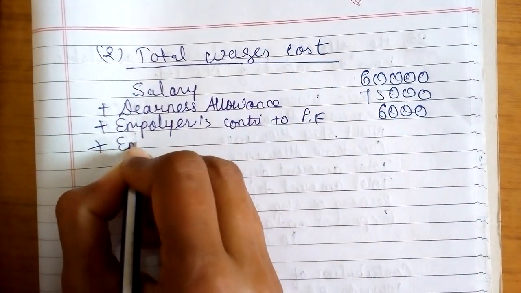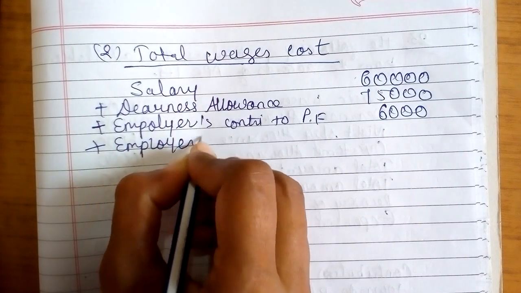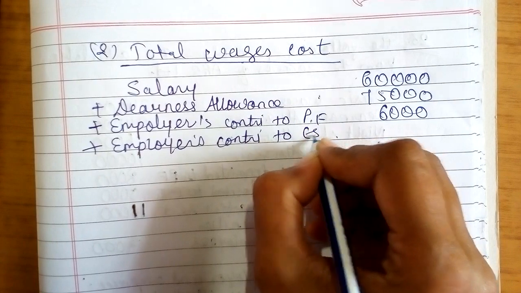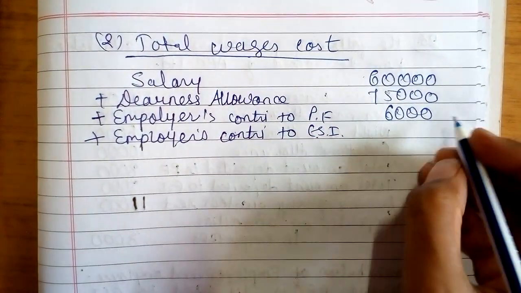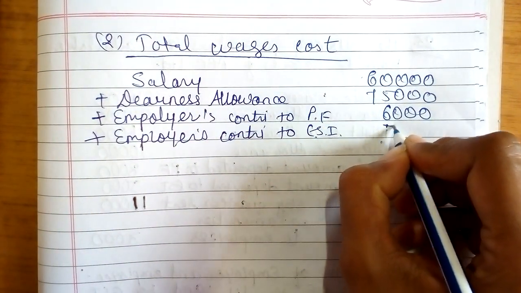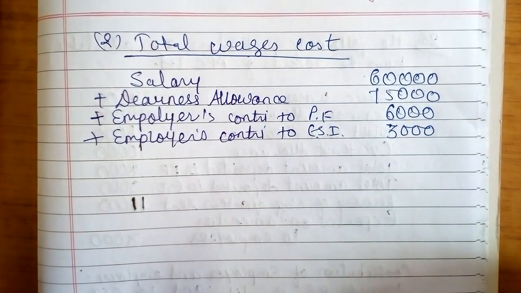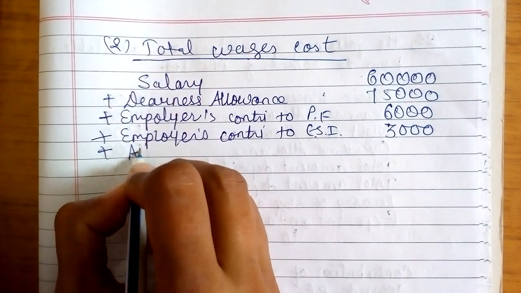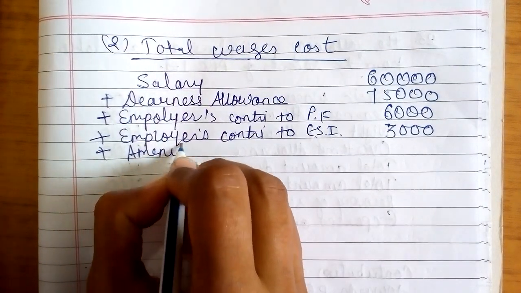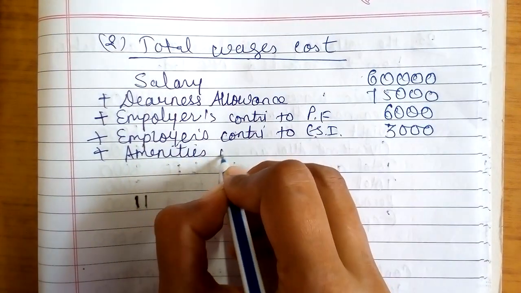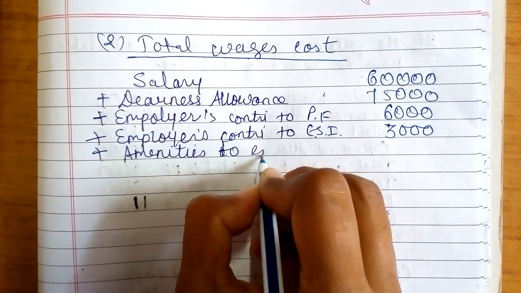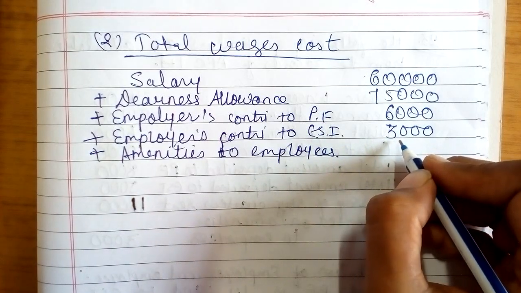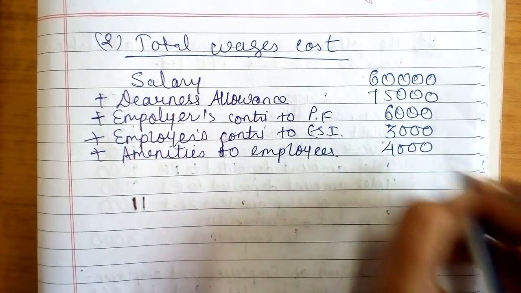Then employer will again contribute for ESI. So employer's contribution to ESI, that is 3,000. That is also there in the working note. Then in the example it is given amenities to employees, expenses on amenities of employees which are 4,000.